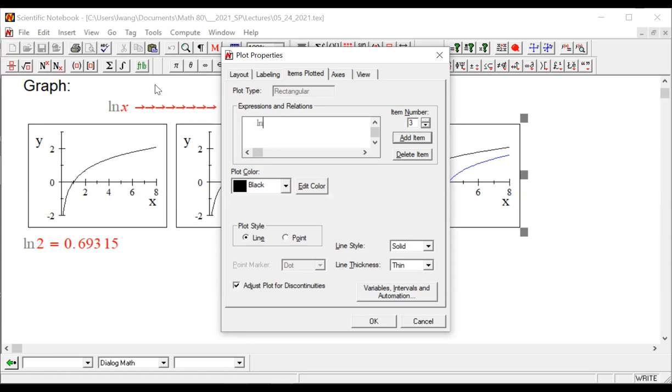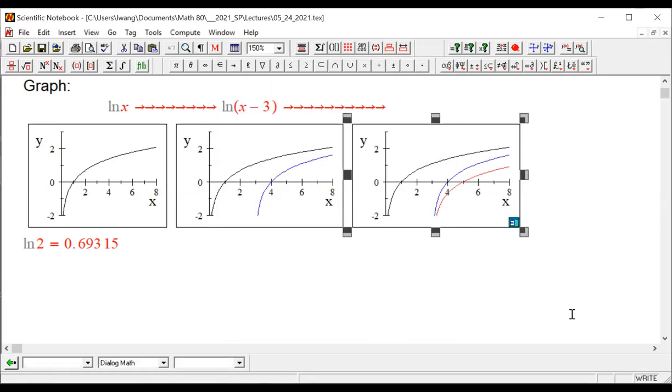So it's from ln x minus 3, the blue curve, minus ln 2. So the final curve is red. Okay, so how much has it been shifted? ln 2. So everything is shifted down.